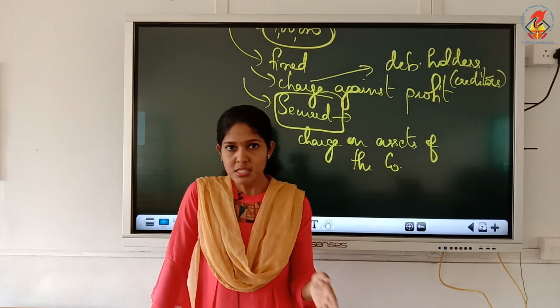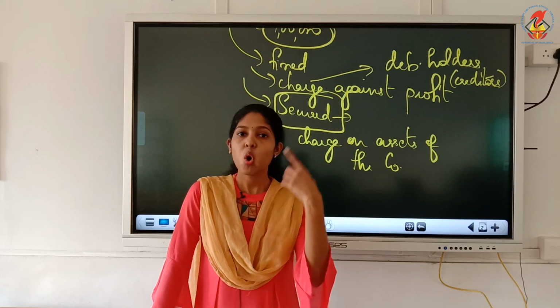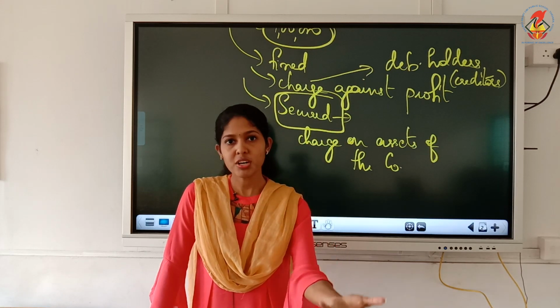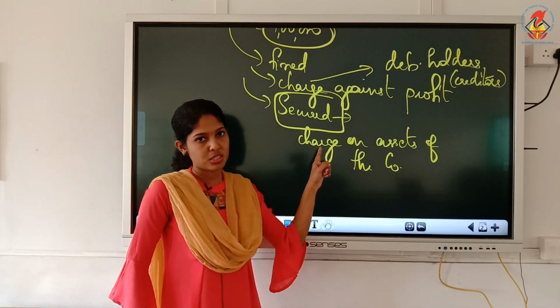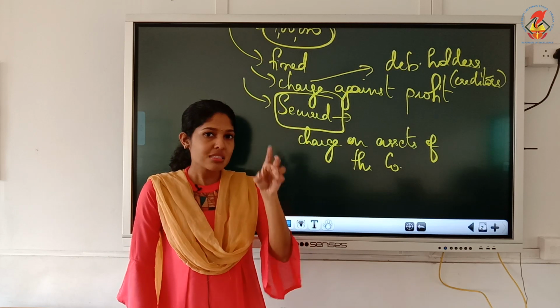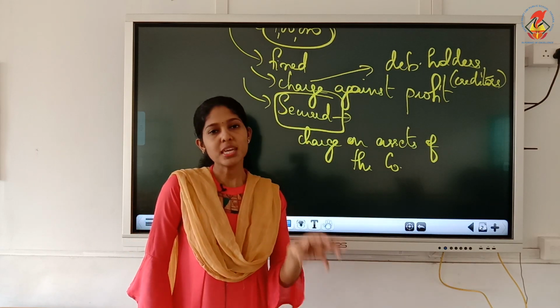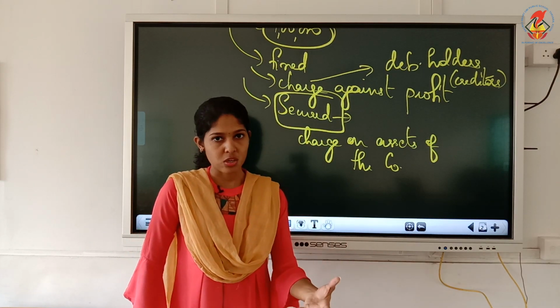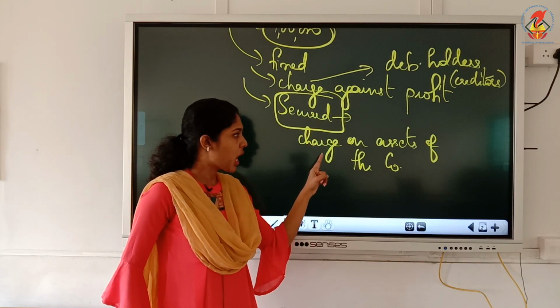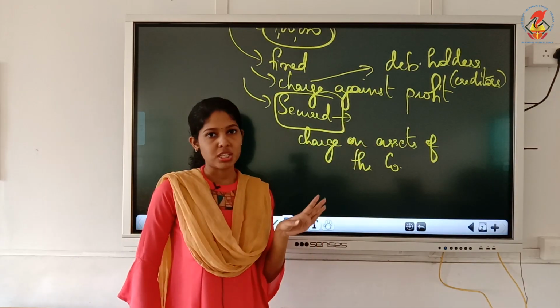So to avoid that situation, what the public prefer is secured debentures. Secured debentures means, as the name indicates, it will be secured. How is it secured? It has a charge on assets of the company.